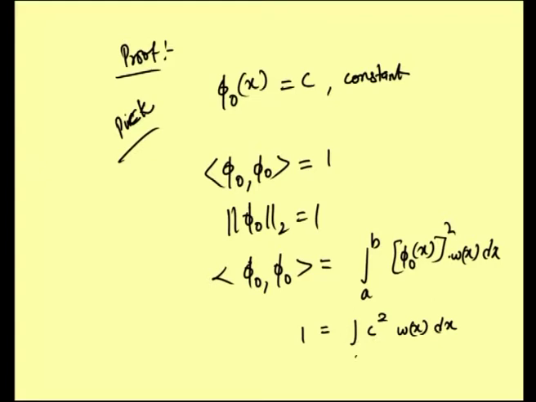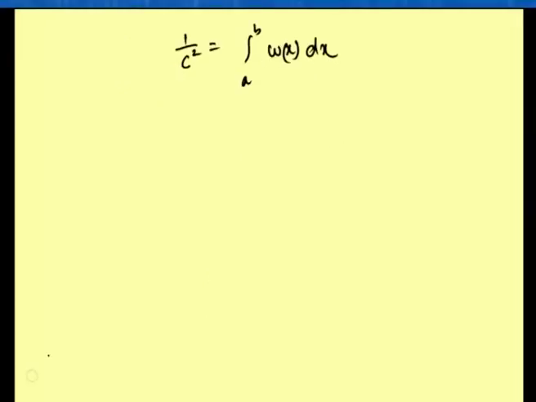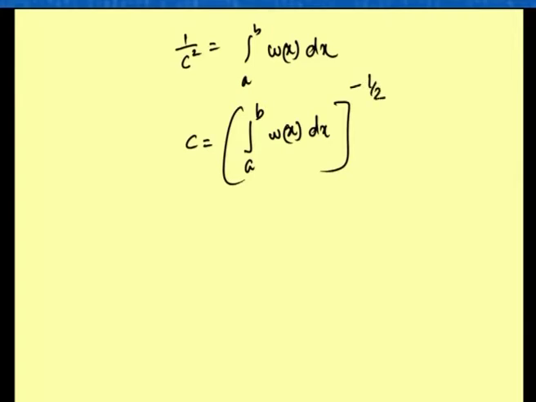Therefore, integral a to b c squared w of x dx, and c squared is a constant, comes outside and goes to the other side, 1 by c squared equals integral a to b w of x dx. Therefore, c is equal to integral a to b w of x dx whole power minus 1 by 2. Okay, and this is how phi naught of x is constructed.